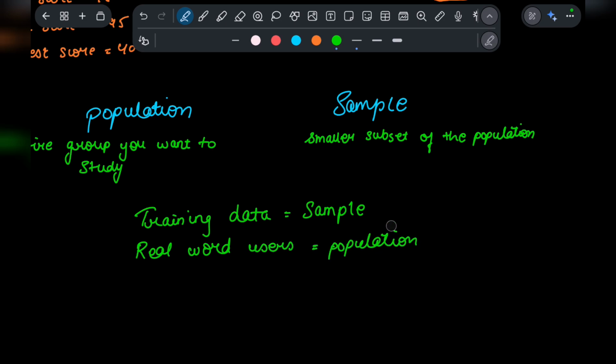So if your sample is biased, the model performance fails in production. For example, a recommendation system trained only on young users may perform poorly for older users.